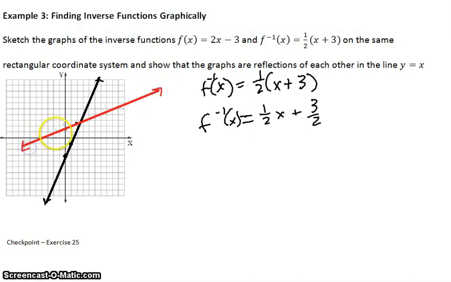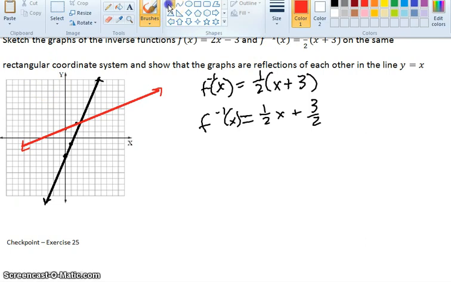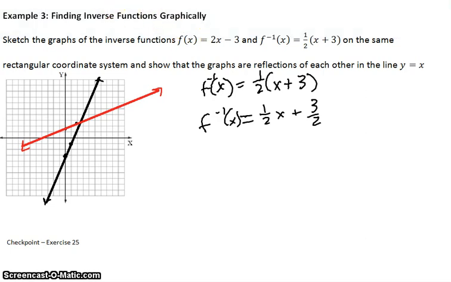Now, the reason for graphing this is specifically to show that there's a relationship between the two, and the reason is that if you look at this graph in terms of the line y equals x, you will notice something, and if I can get the right type of line to show up, I will show you what it looks like. The line y equals x looks just like this.